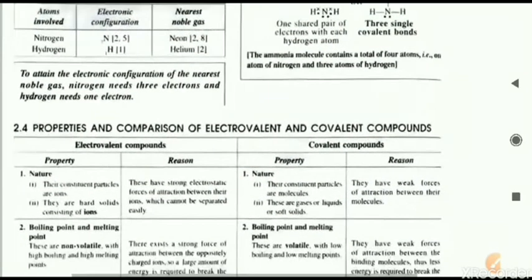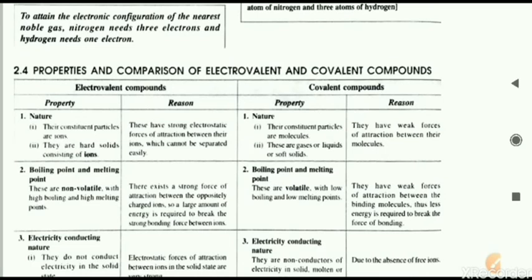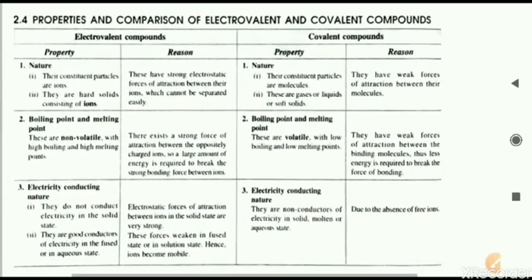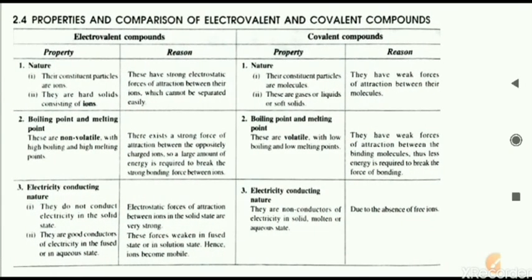Now we will move on towards the properties of electrovalent and covalent compounds. There are certain physical properties, and why these are observed in these compounds, that also we will discuss now. First one is the nature of these compounds. What kind of substances are these? First, electrovalent or ionic compounds. As the name suggests, these are formed of ions.